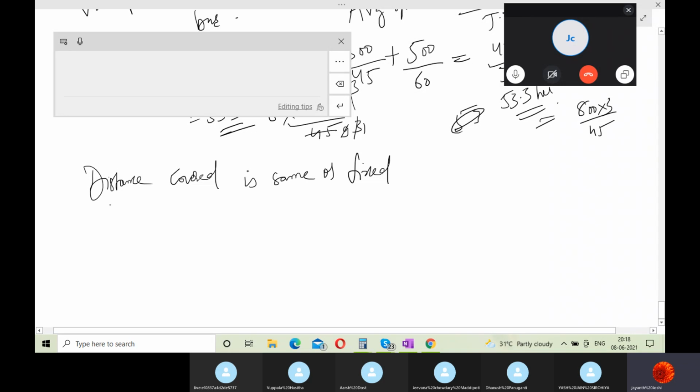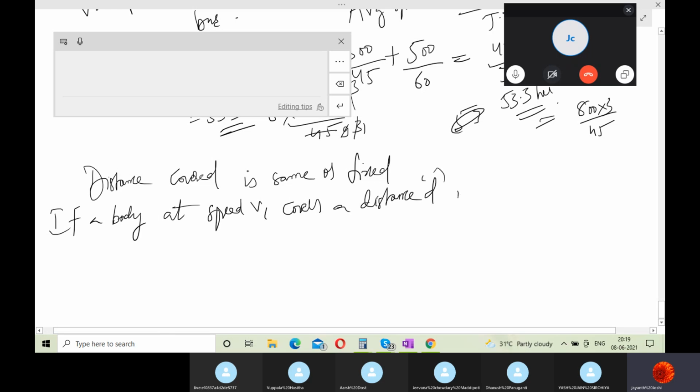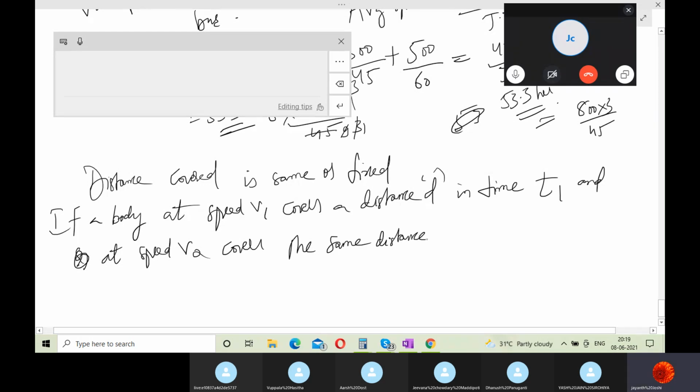So if a body at speed v1 covers a distance d in time t1, and at speed v2 covers the same distance d at a different speed, for example, in time t2.